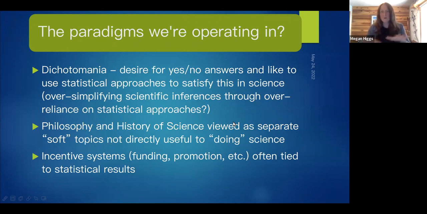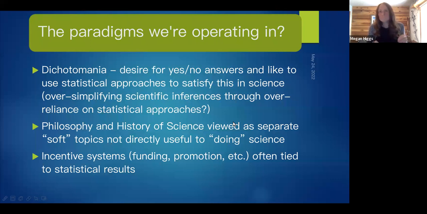I think that permeates a lot of what I see as the problems in our current paradigm. Then things like philosophy, history of science, and maybe sociology are viewed as separate, softer topics that are not directly useful to our day-to-day doing of science.